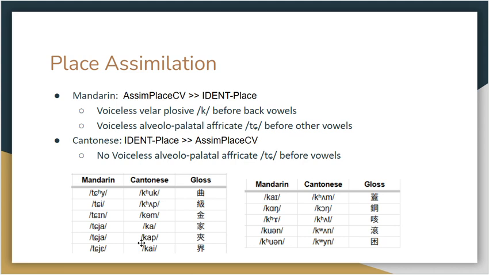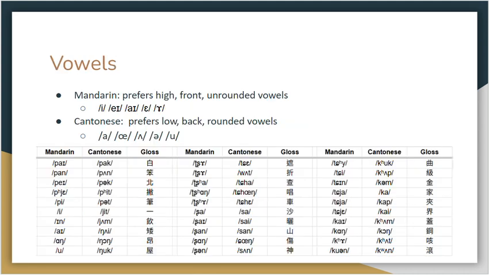When it's not a back vowel, it becomes the g sound, like 曲 及 经. But Cantonese doesn't have the g sound, only the k sound. So there is no voiceless alveolo-palatal affricate before vowels.